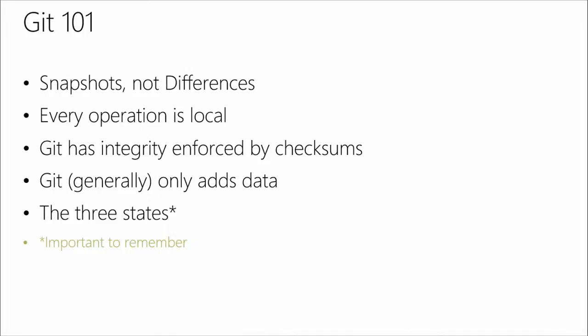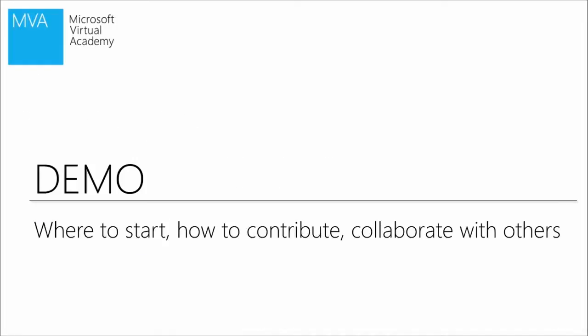Git generally is going to only add data, and as James will show you, there are 3 states we have to deal with. It's kind of important to differentiate those. When we get into more advanced topics, we'll talk about snapshots, not differences. In other words, in Git, we're storing snapshots of what your file system looks like. So let's walk through some of those in our demo.